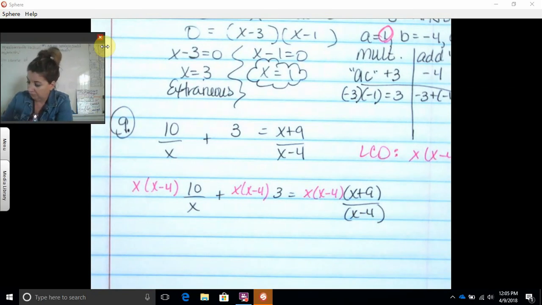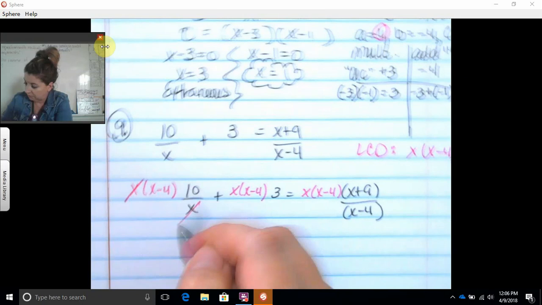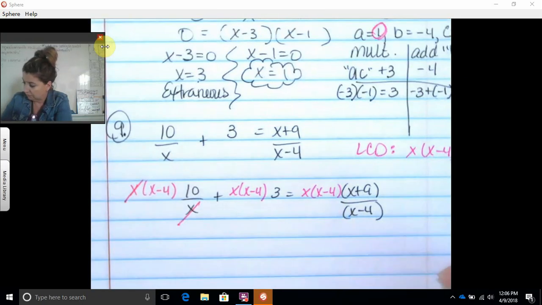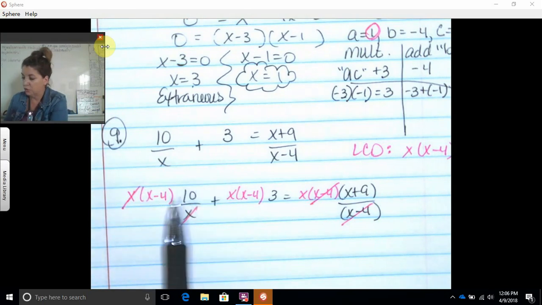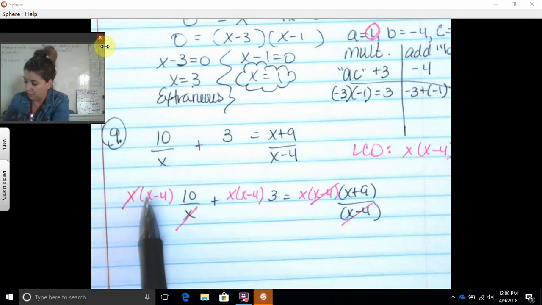Cancel what I can. And then each term I'll multiply whatever's left. So I've 10 times x minus 4. So if I distribute that, that'd be 10x minus 40, right?